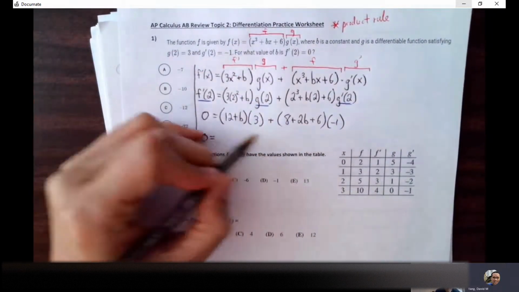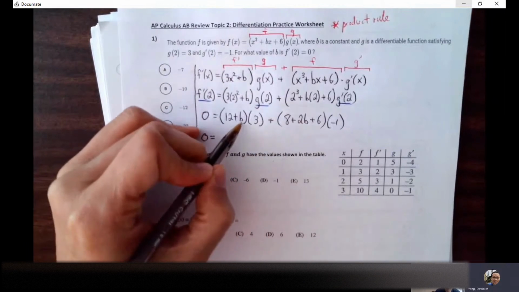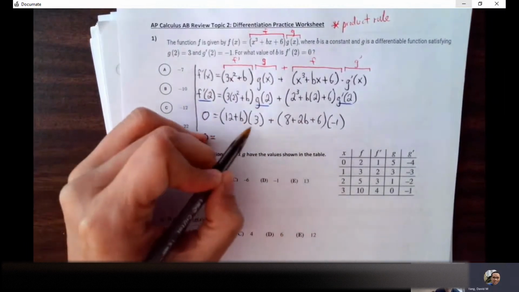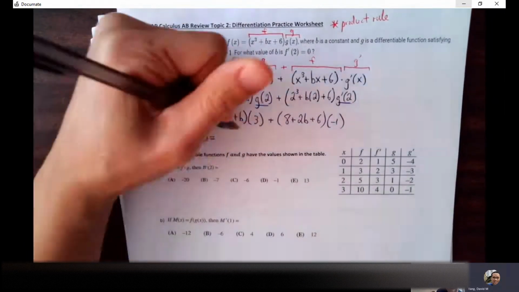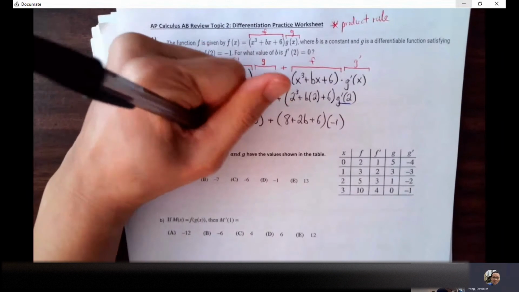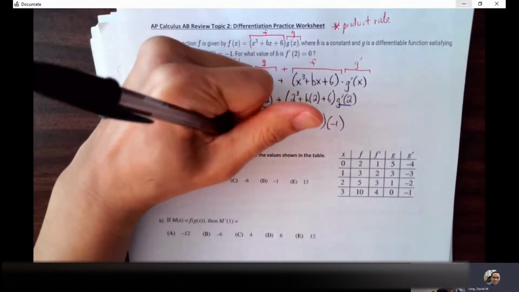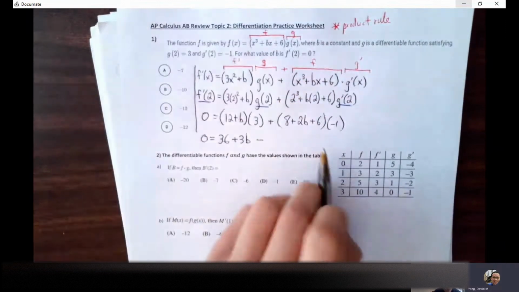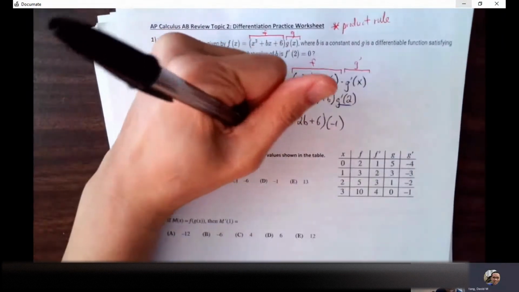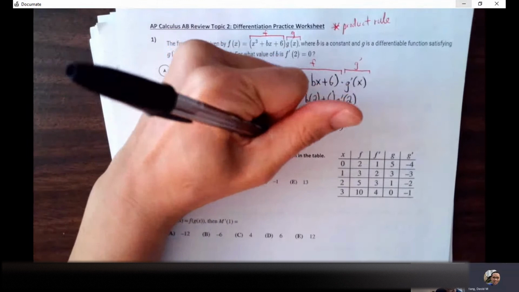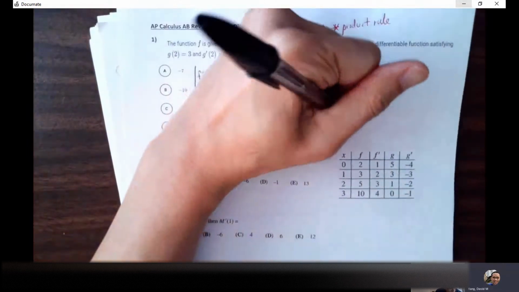Let's see. All right, so I'm going to solve for b here. B is my only variable left, so I should be able to isolate it and solve for b. I'll distribute the 3 through. 3 times 12, 36. Distribute the 8 through, I get minus 8, minus 2b, minus 6.